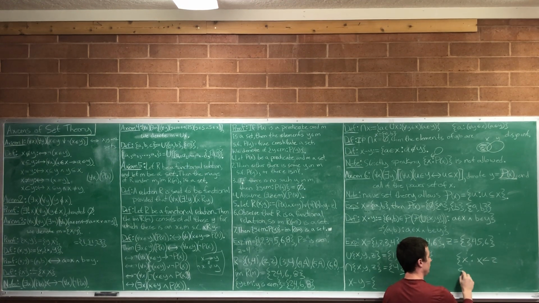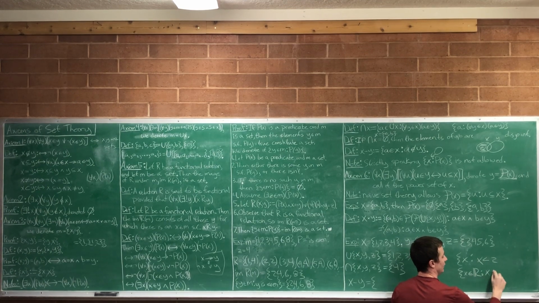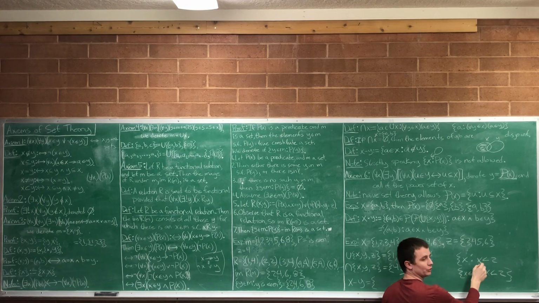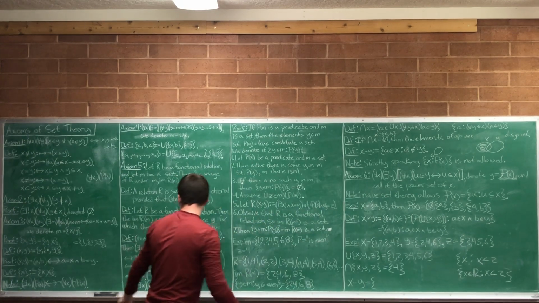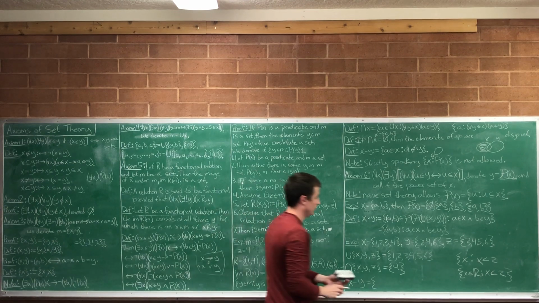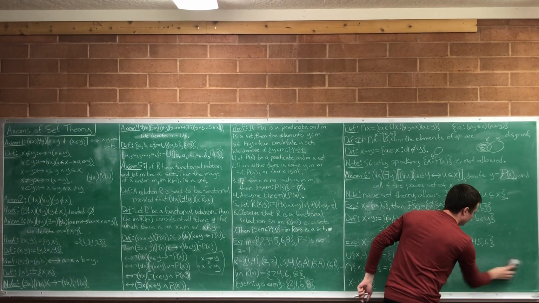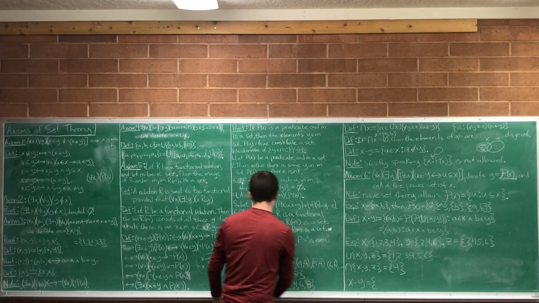What did you really mean? You meant the set of all x in the real numbers such that x is less than 2. So this was shorthand, and it was just understood that you were talking about the real numbers. And you weren't talking about, I was going to say the complex numbers, but then we can't use less than like that.